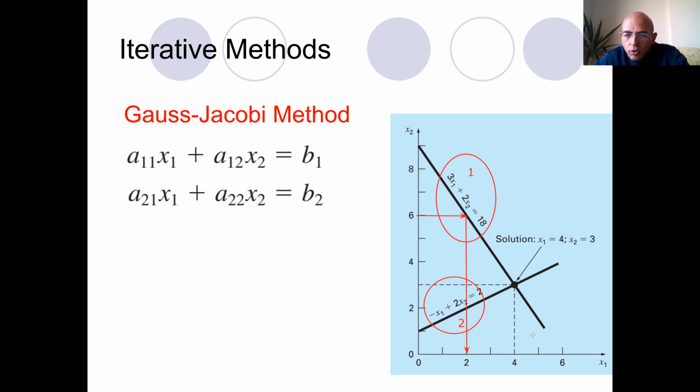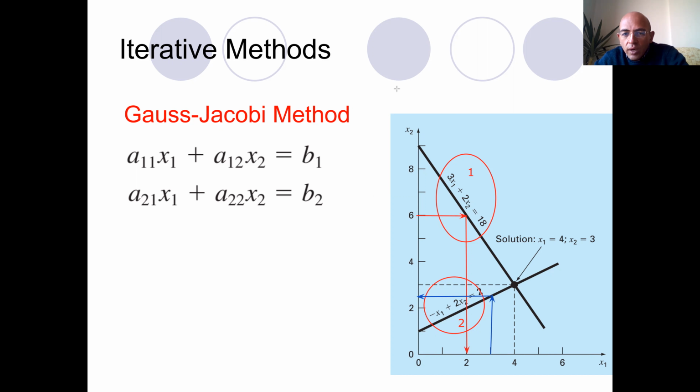So I substitute 3 into equation 2. This gives me -3. If I put it here, I get 2.5 for the new value of x2.